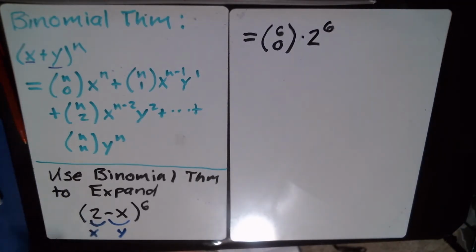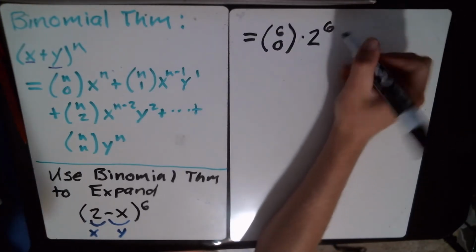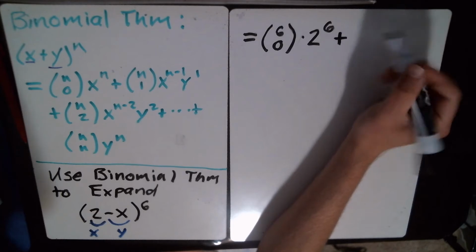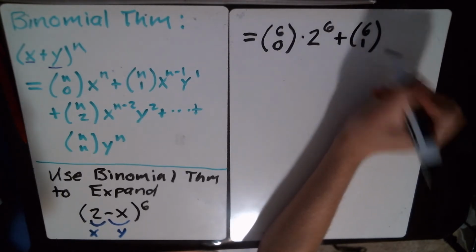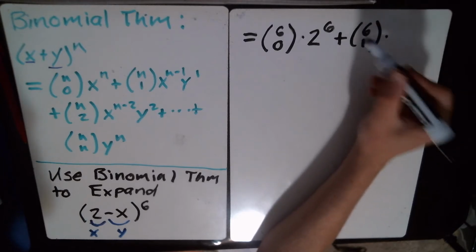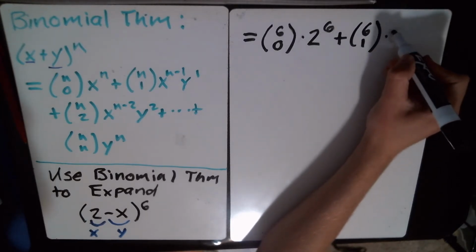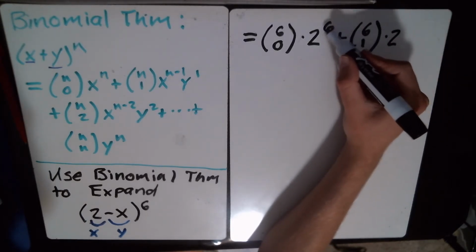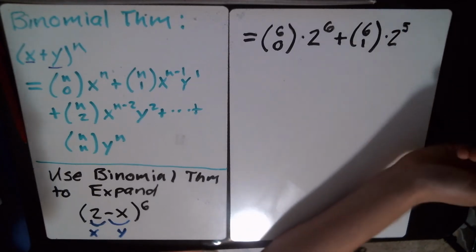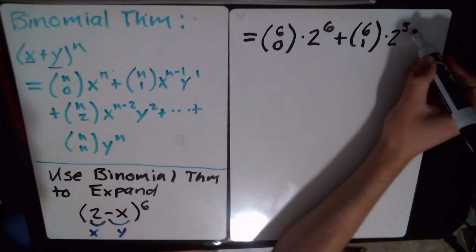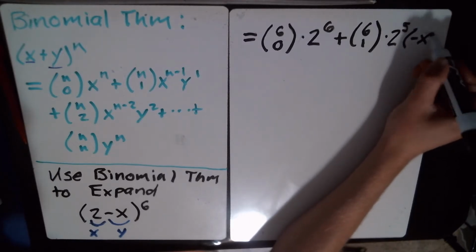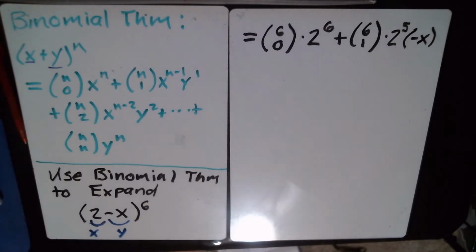I take my first thing and put all of the powers on it. Then I increase this number by 1 and decrease the power on the first term, so I get 2 to the 5th, and I increase the power on the second thing, negative x, to the 1 power now.